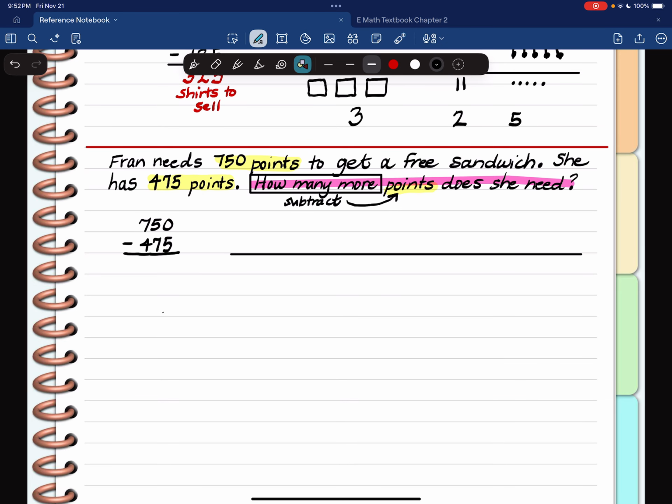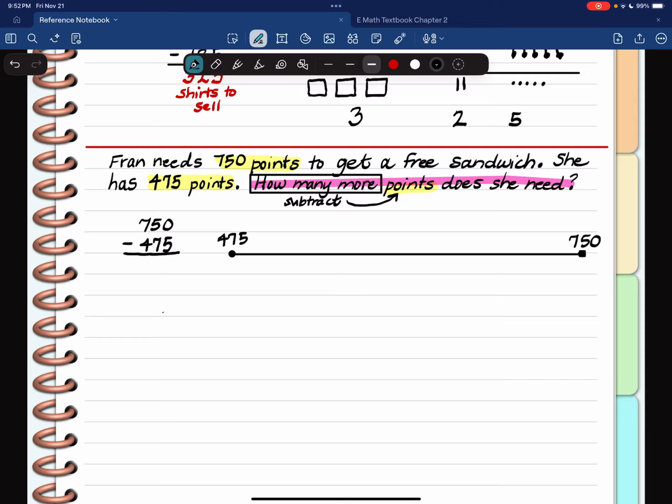So on the number line, we're going to put 2 dots to represent our 2 numbers. So there's a dot and there's a dot. And this is the larger number, so it's 750. And this is the smaller number, 475. And we are looking for the distance between those. How many points are between those 2 dots?